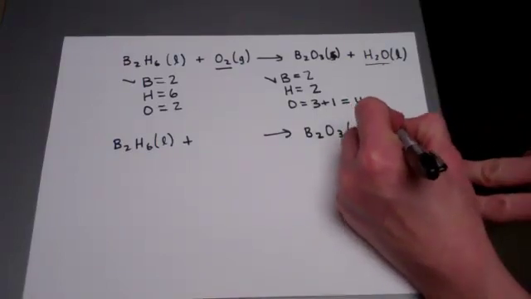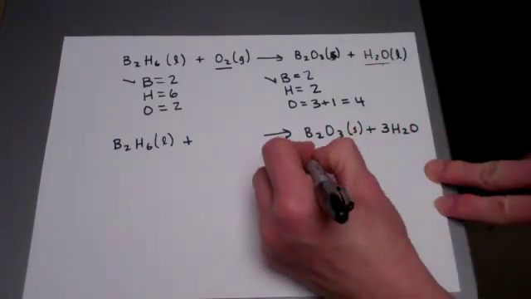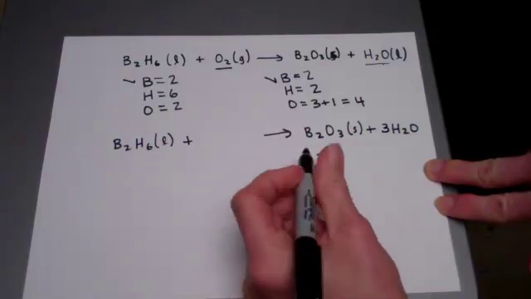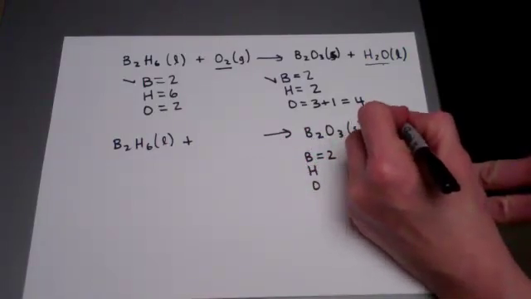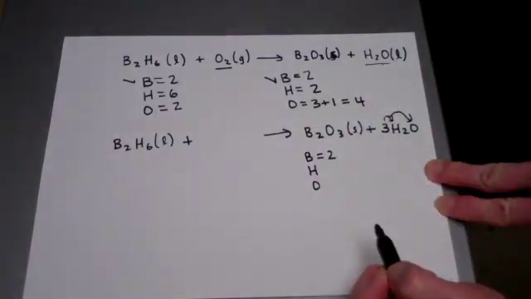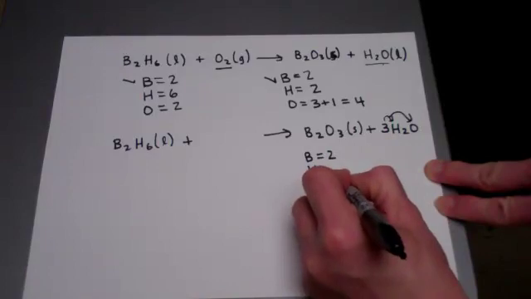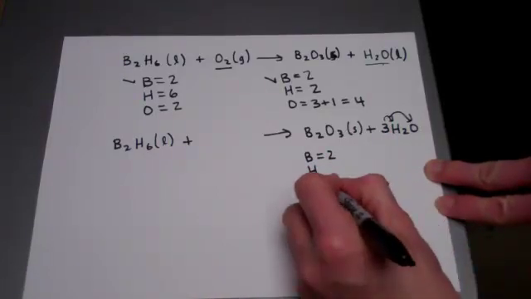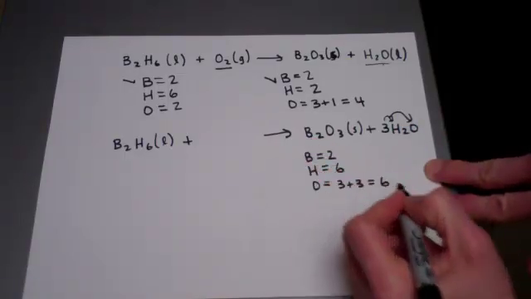If we have 3 water molecules on this side, what does that give us? We've got B, H, and O again. We've got 2 borons. We're going to have 3 oxygens plus 3 more oxygens for a total of 6 oxygens. That's even. I like that. And our hydrogens are going to be 6.